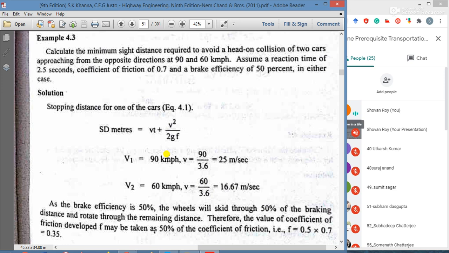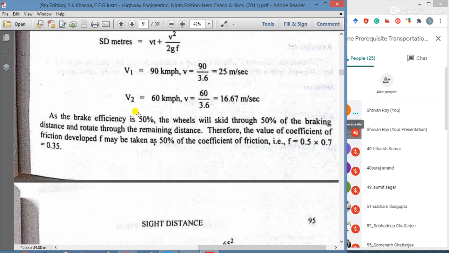But in this case the efficiency of the brake is 50%. Therefore the value of the coefficient of friction developed, f, may be taken as 50% of the coefficient of friction, because the efficiency of the brake is 50%.